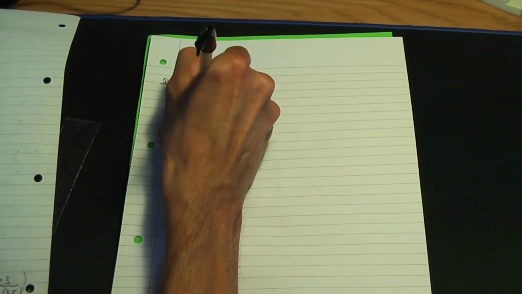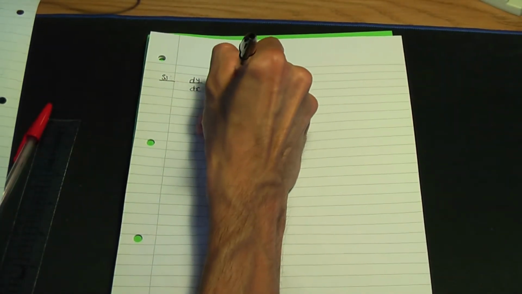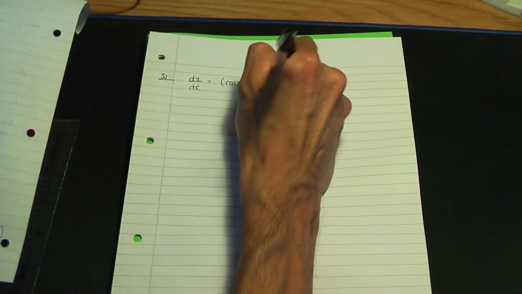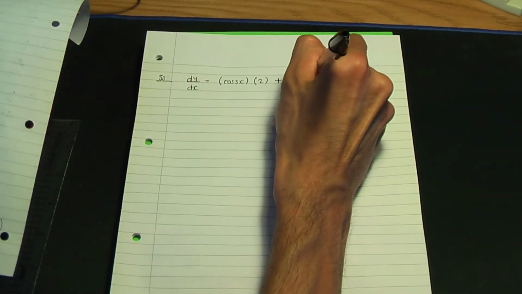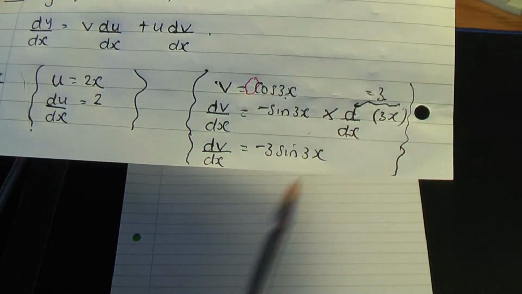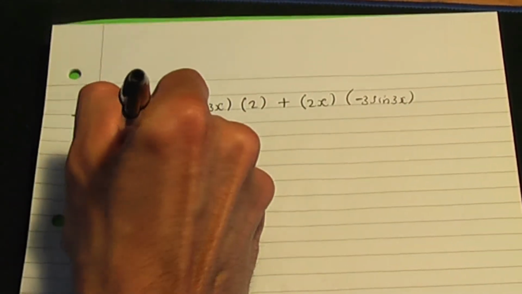So dy over dx is equal to v, in this case cos 3x, times du over dx, which is simply 2, plus u, which we've chosen to be 2x, multiplied by dv over dx, and dv over dx is minus 3 sine 3x.